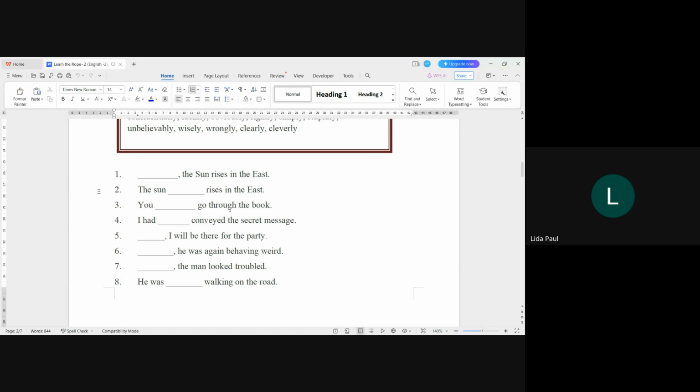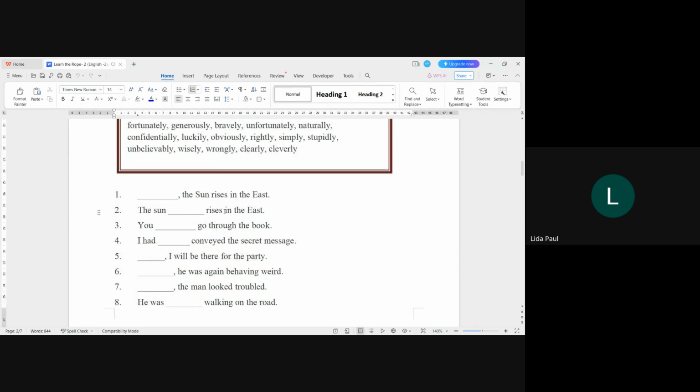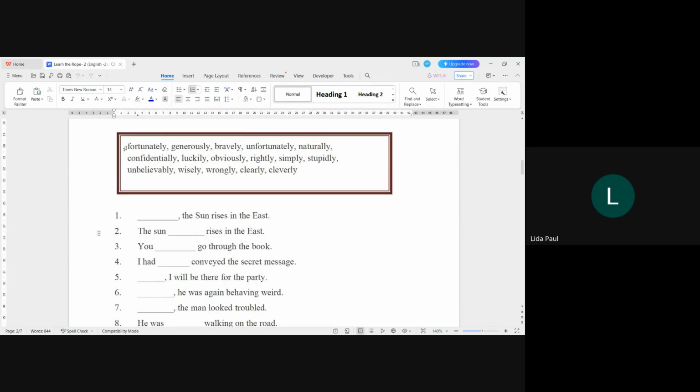How can you answer this? Which among these? See, this is already posted in the chat, but it will be scrolled down, so you won't be able to see. Are you able to see these options in the chat?